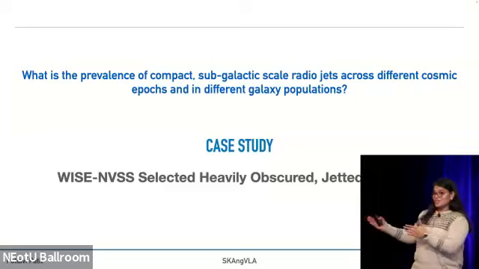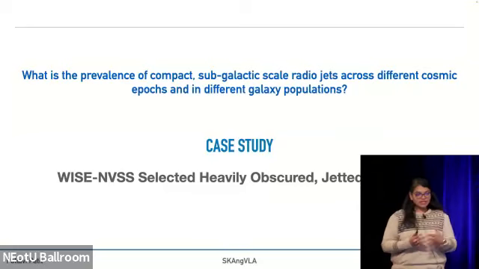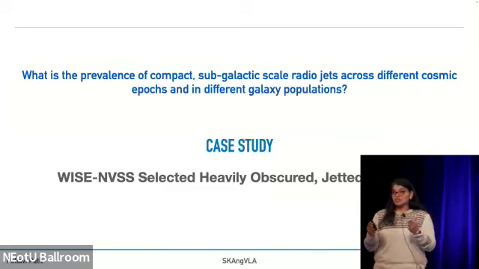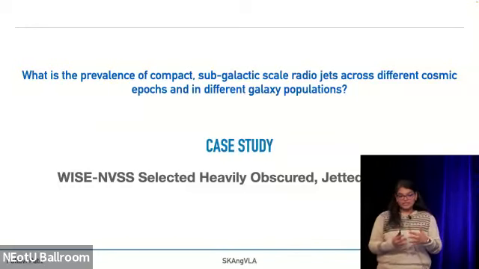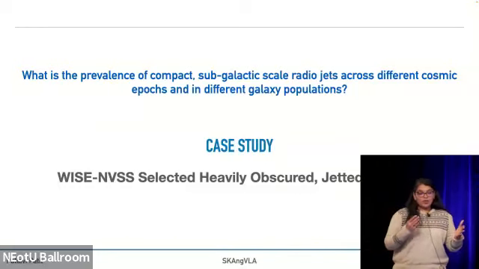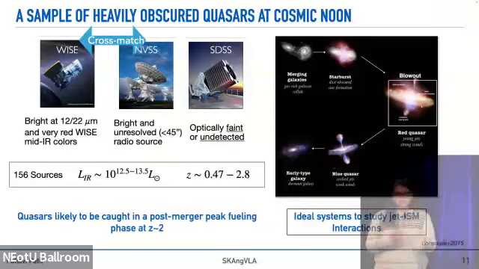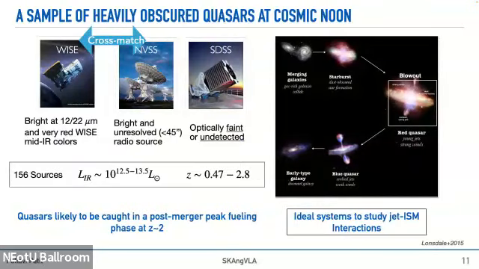So a little bit about the sample that I have been working on. It's a sample of heavily obscured quasars, which in fact was selected using WISE and NVSS. We now have the understanding that these WISE-selected heavily obscured quasars are probing this very unique post-merger phase, where the AGN is undergoing its very peak fueling activity, and if jets are present and subgalactic, they have just started and are likely interacting with the host.